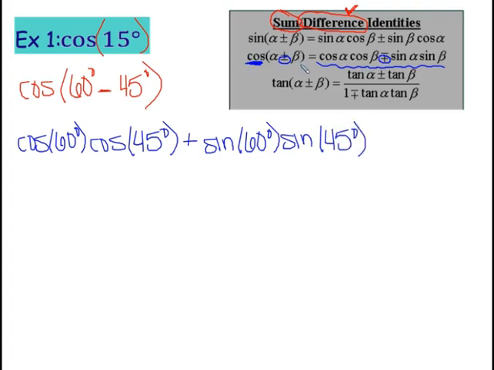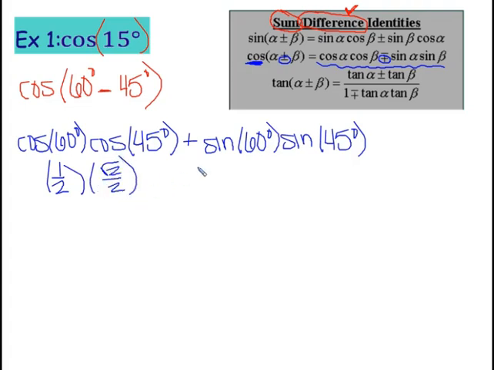Okay, so that's how we break down this initial cosine of 60 minus 45 into this identity. So now notice how we're no longer using cosine of 15, we're using cosine or sine of 60 or 45. And according to our unit circle, we know these exact values. Cosine of 60 is 1/2. Cosine of 45 is the square root of 2 over 2.